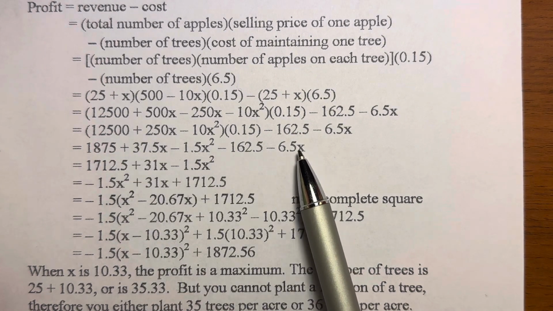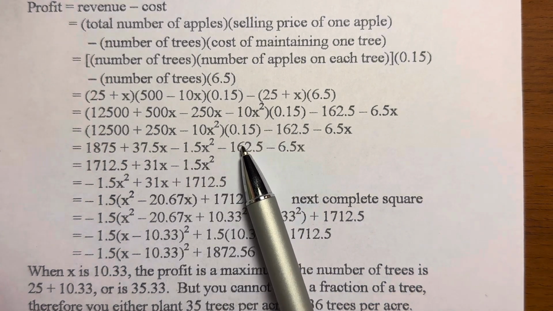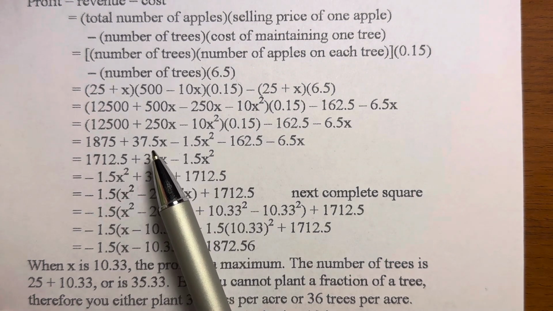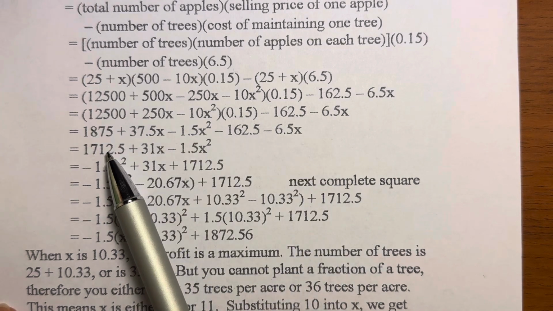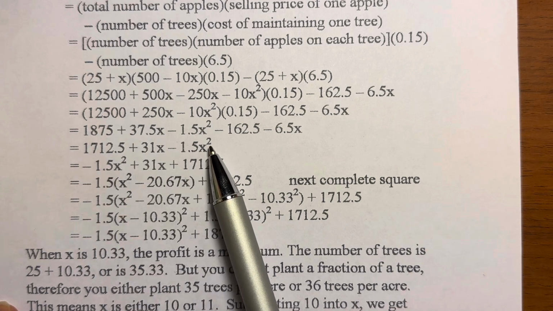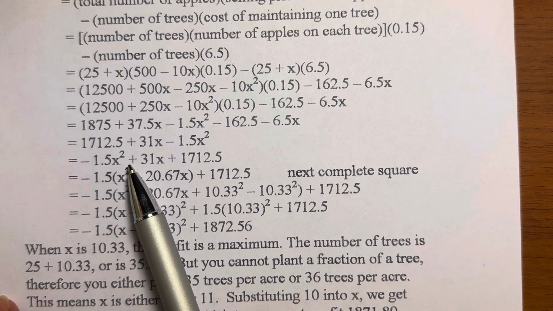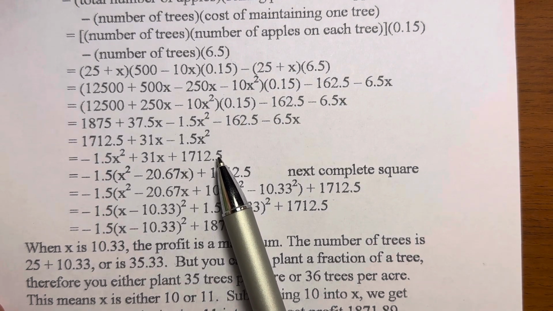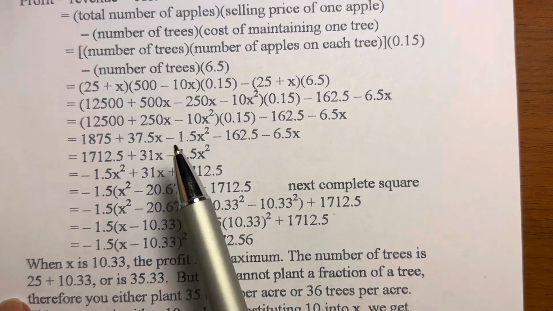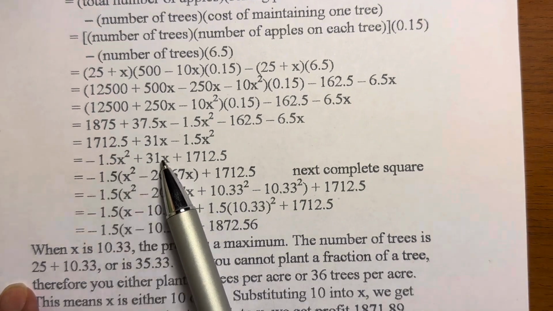And simplify this, I have X here, I have a number here. Combine the two numbers, combine the two X terms, I get a quadratic expression. I rearrange the quadratic expression, put the square term at the beginning, I have this. Now, I want to find the maximum profit because this is the profit.